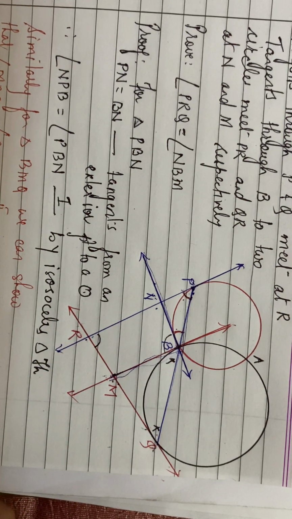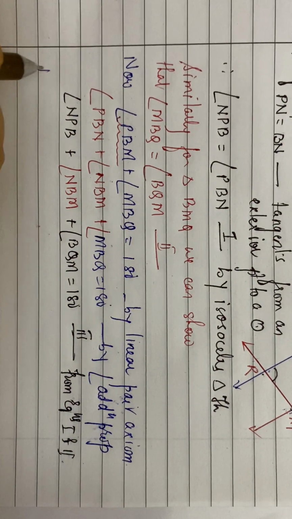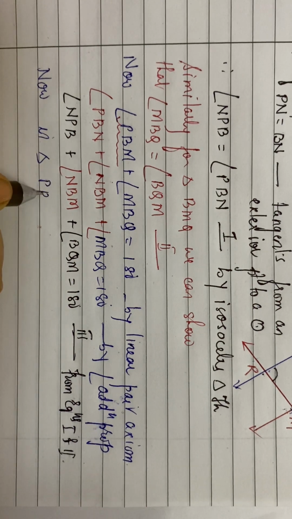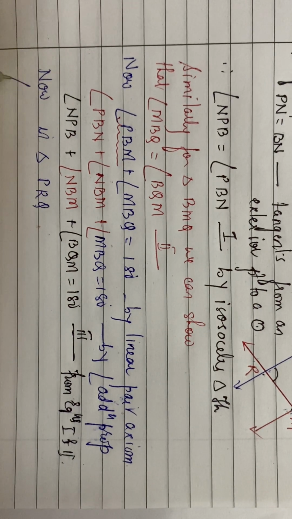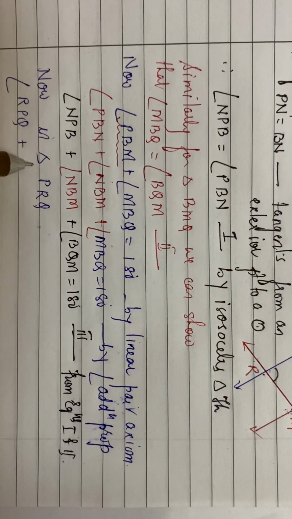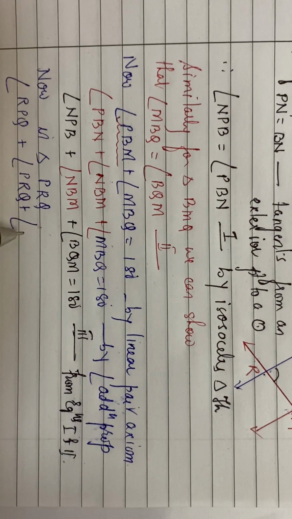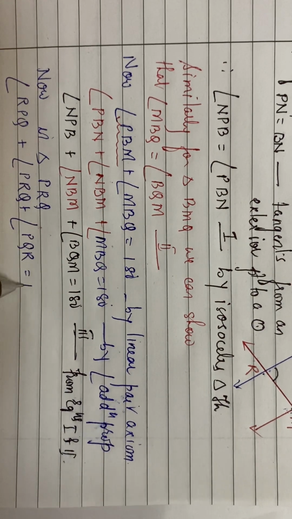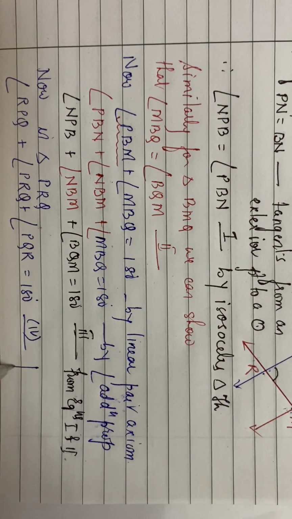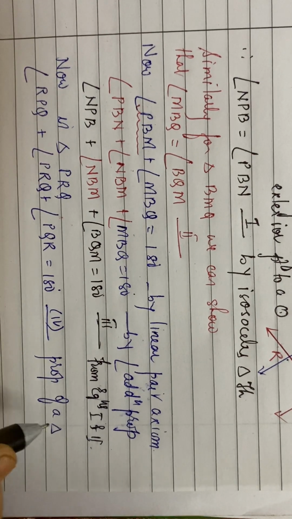So in triangle PRQ, angle RPQ plus angle PRQ plus angle PQR is equal to 180, by the property of a triangle: the sum of the angles of a triangle is 180.